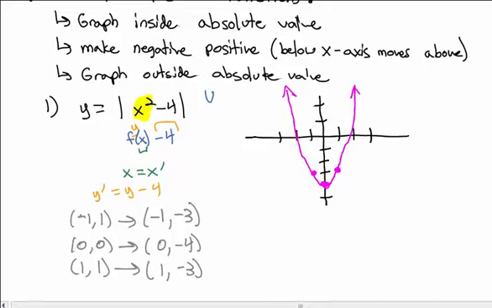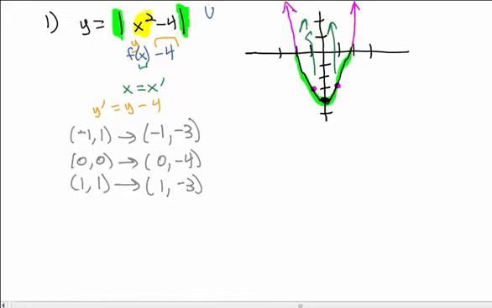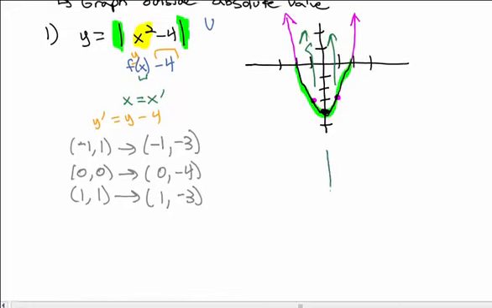Because now what we need to look at is we're going to do the absolute value bit. The absolute value is going to take the part that was below the x-axis, and it is going to reflect it up above the x-axis. Oops, I want black.